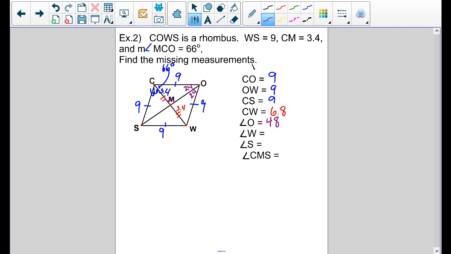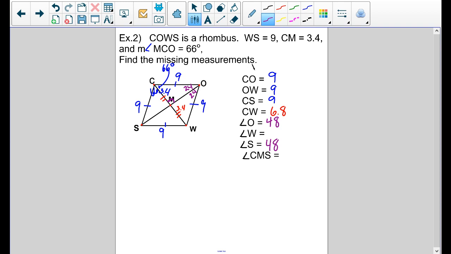What do I know about the opposite angles? Opposite angles are congruent. So if O is 48, S is 48. And if C is 66 and 66, what's that give me? 66 plus 66 is 132.